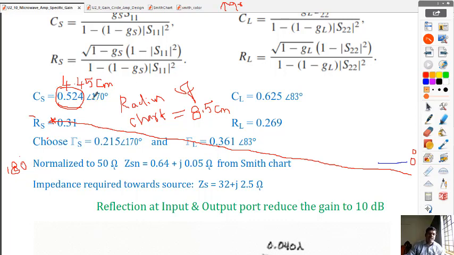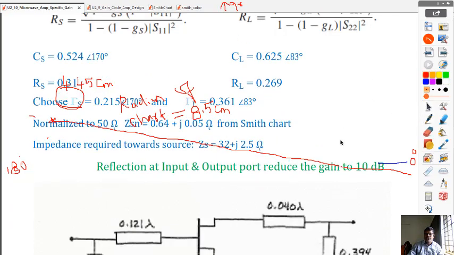How do we get this number? We have to multiply the radius of the chart. The commercially available Smith chart has the radius of 8.5 centimeter, and we have to multiply this 8.5 centimeter with 0.524, which gives 4.45 centimeter. Now you locate this 4.45 centimeter on the Smith chart.